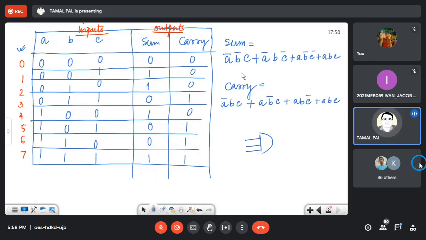But if you have to realize the same thing using two input gates, then it is a little bit difficult. So understood? Can you do it using two input gates? Is it possible or not?